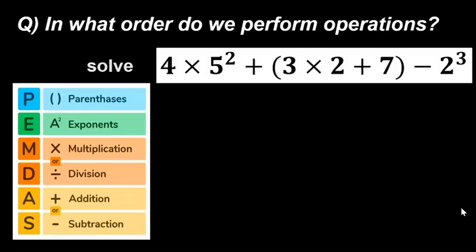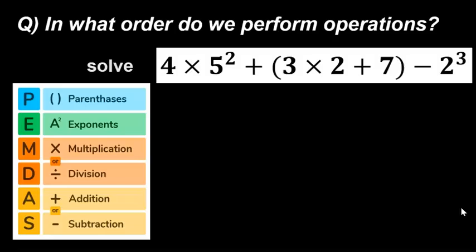You can see here the order of operations are, first, parentheses, P, E, exponents, M, multiplication, D, division. And remember, multiplication and division are almost the same thing. They're opposites of each other. So multiplication and division are together. So first it's parentheses, then exponents, then multiplication and division, then addition and subtraction.